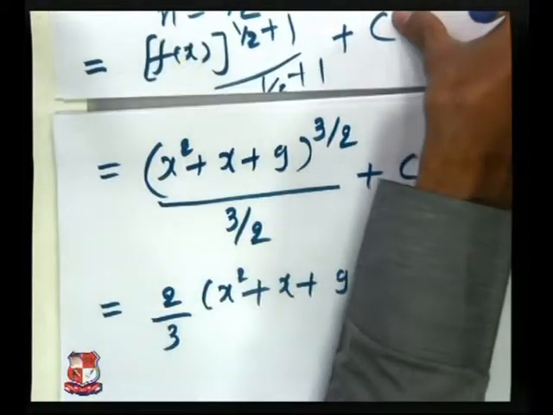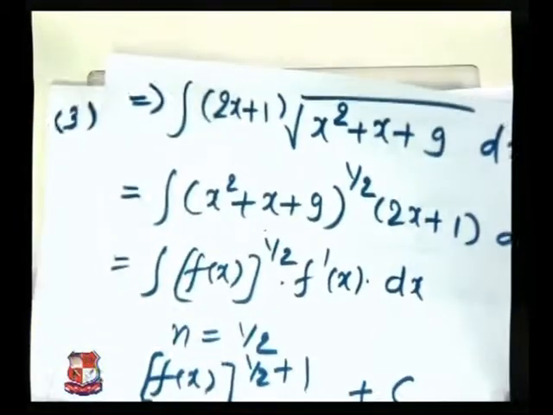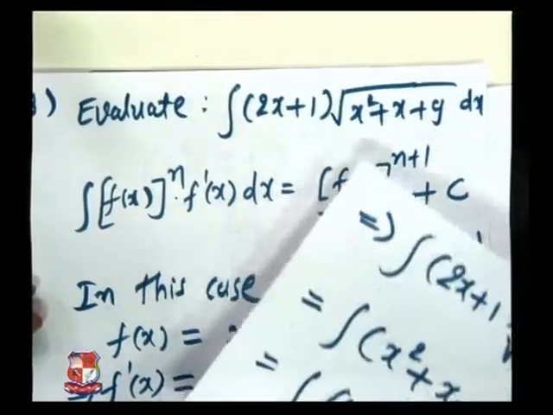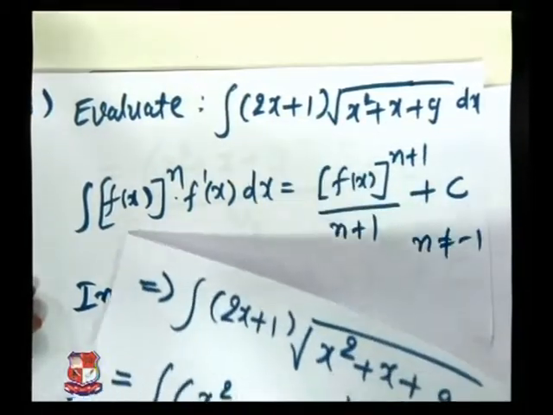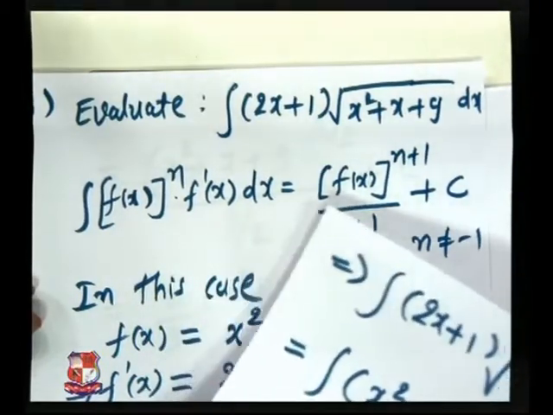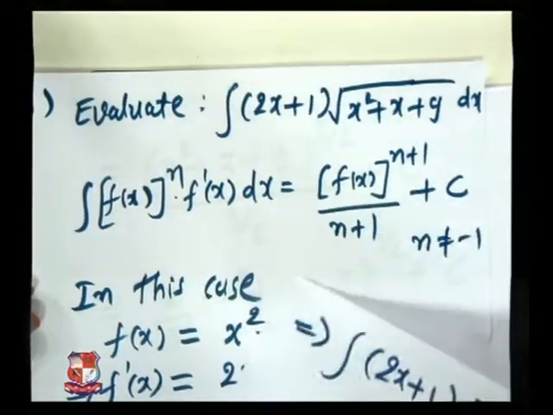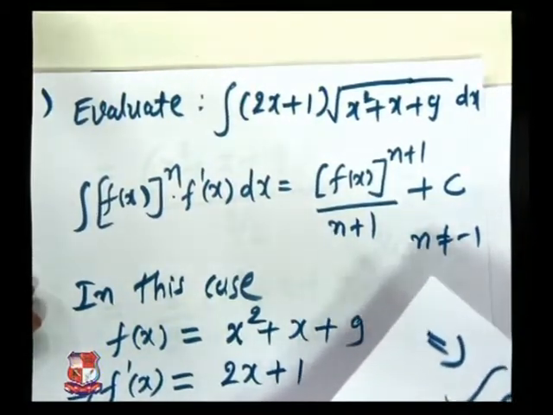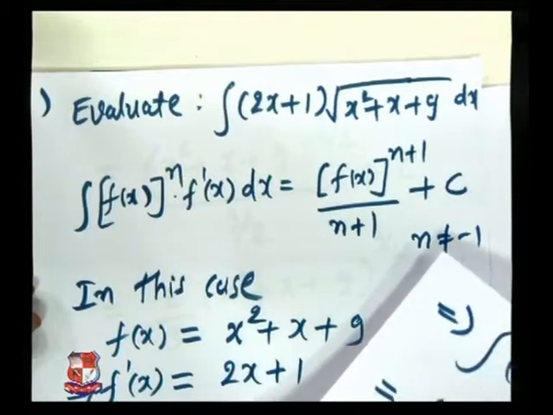So let us just recall this example. We started with this question. Here I have used this formula, f(x) raised to n into f dash x into dx is equal to f(x) raised to n plus 1 upon n plus 1 plus c. We can apply this formula when n is not equal to -1.